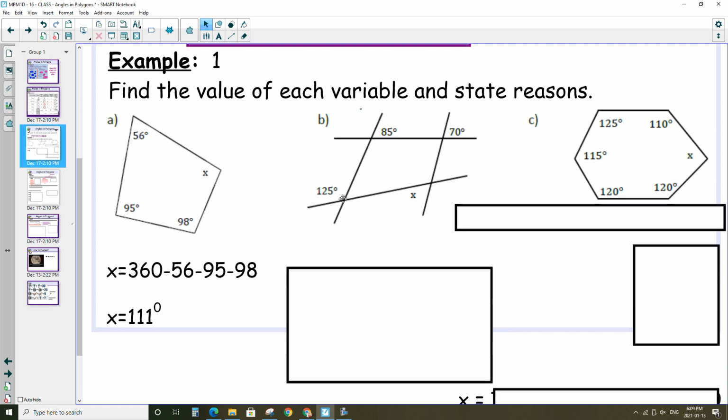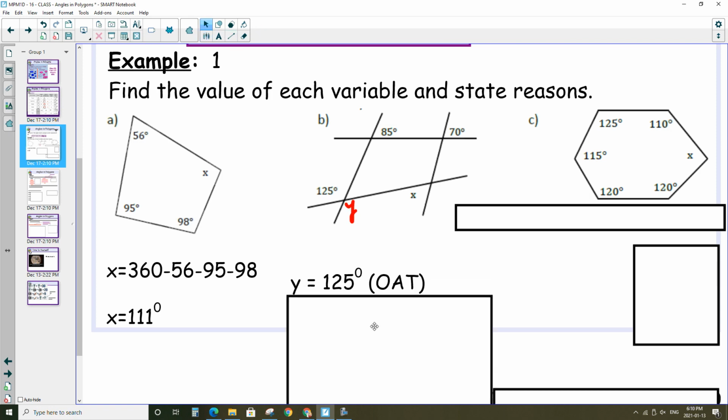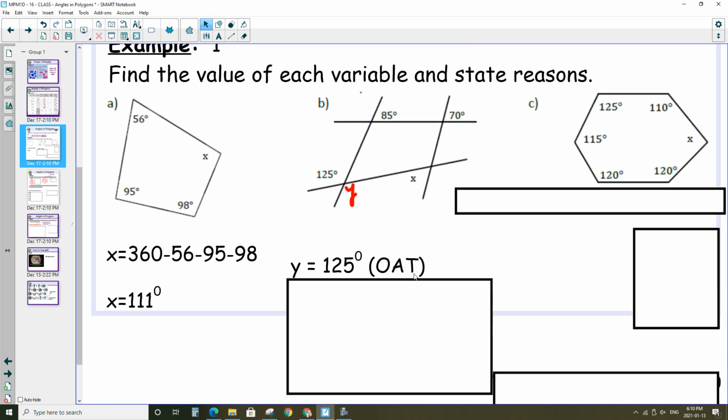Question B. So in here, there's different ways to solve these types of questions, but what I noticed right away is that if this angle here is 125 degrees, then this angle down here also has to be 125 degrees. So I'm going to call that angle Y. Okay, and so I'm going to say angle Y is equal to 125 degrees because of the opposite angle theorem.